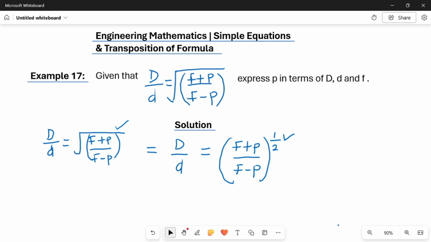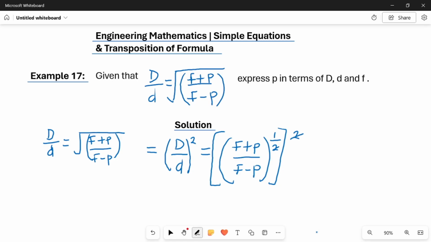Now to eliminate this, we simply multiply both sides by power 2. So when we multiply both sides by power 2, it becomes D over d all raised to the power of 2, and this all raised to the power of 2. Now the 2 here will cancel out. Why does it cancel out?